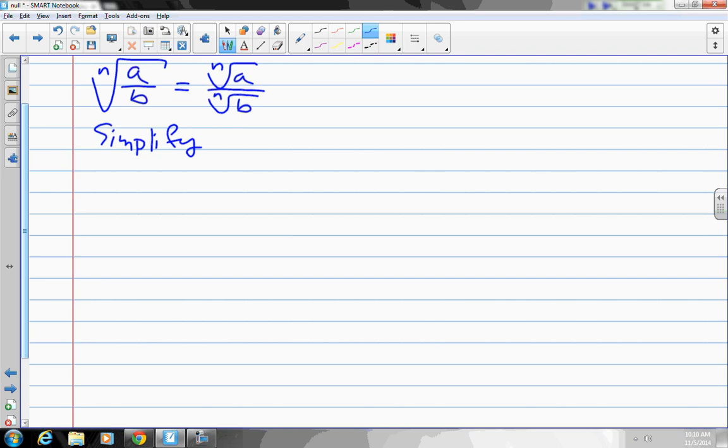So if I ask you to simplify something like this, a cube root of 16x cubed over y to the power 12. Why did I go for the cube root?